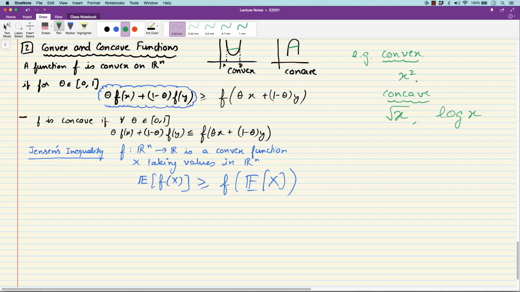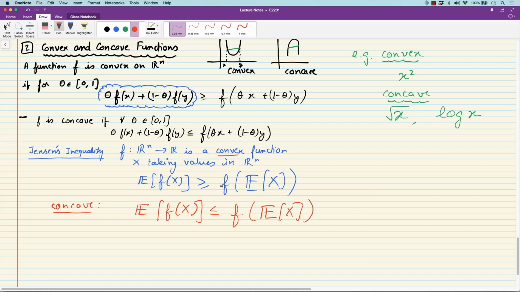And therefore we can apply Jensen's inequality to this. This is for a convex function. There's a corresponding inequality for a concave function. Just the direction switches. So for a concave function, the expected value of f(X) is less than or equal to f of the expected value of X. The direction switches.